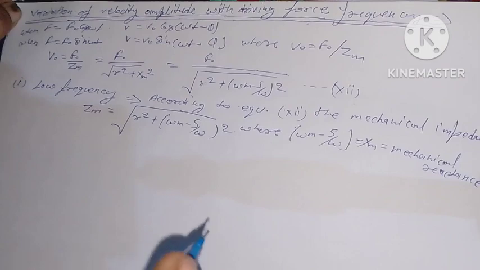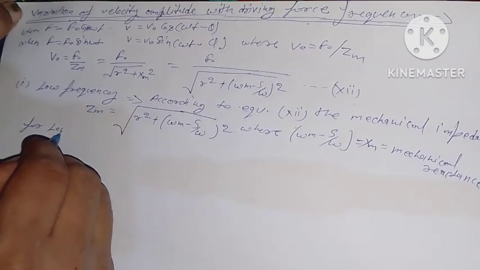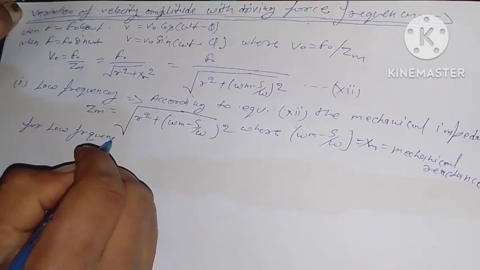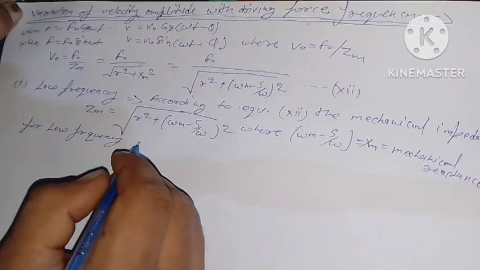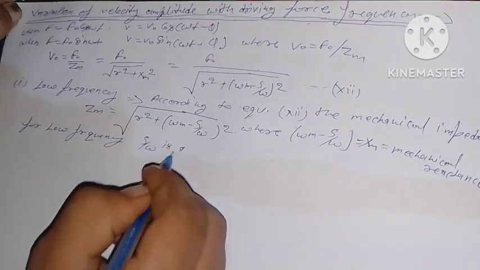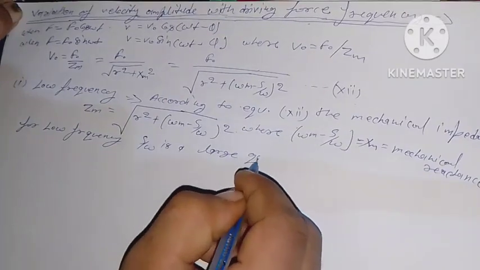It consists of two parts, omega m and s by omega. For low frequency, s by omega is a large quantity.